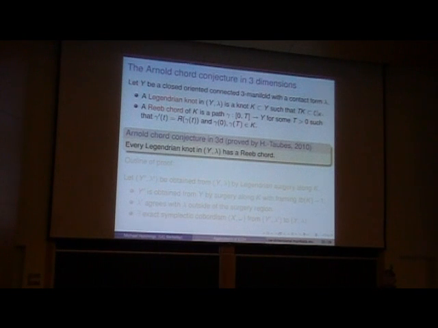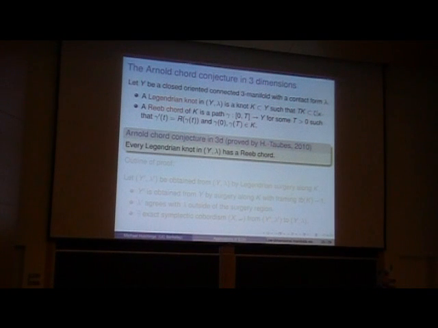The first application of this is the Arnold chord conjecture. Let's take a three-manifold with a contact form. Recall that a Legendrian knot is a knot K such that the tangent space to K is contained in the contact plane field. We're interested in Reeb chords of K, which already came up in Yasha's talk.